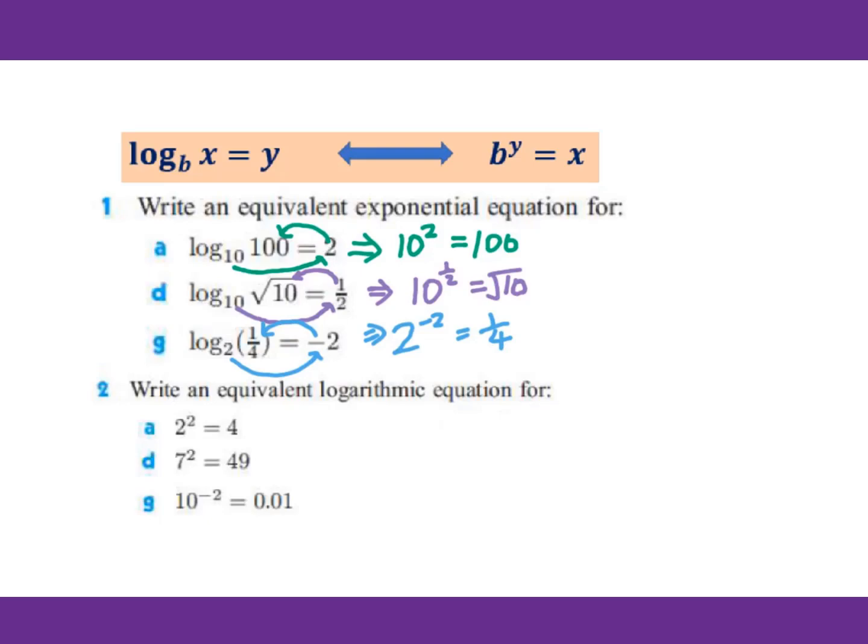For the second question, write an equivalent logarithm equation for the given exponential equation. Remember, the log base never changes. Log base 2 of 4 equals 2. 7 squared equals 49, so log base 7 of 49 equals 2.